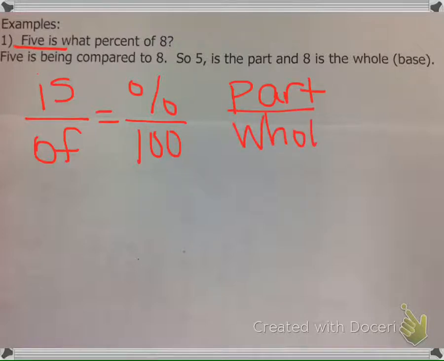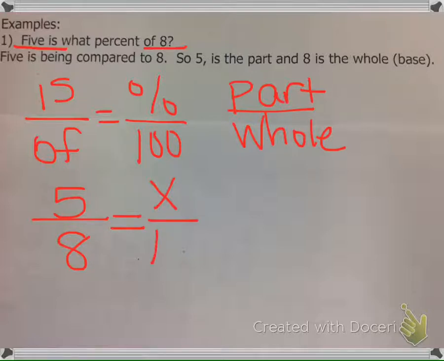Like I said, is over of, part over whole, it's the same thing. 5 is your part, 8 is your whole. Equals, we're looking for the percent, so instead of putting the percent symbol, I'm going to use a variable, equals x over 100.